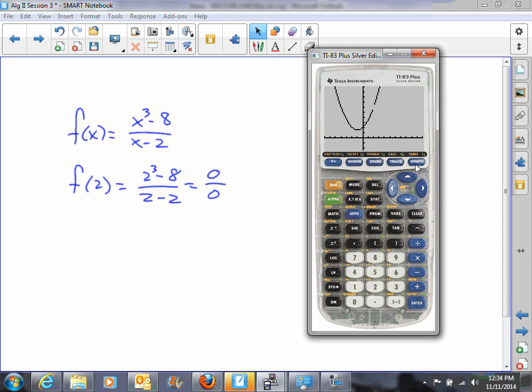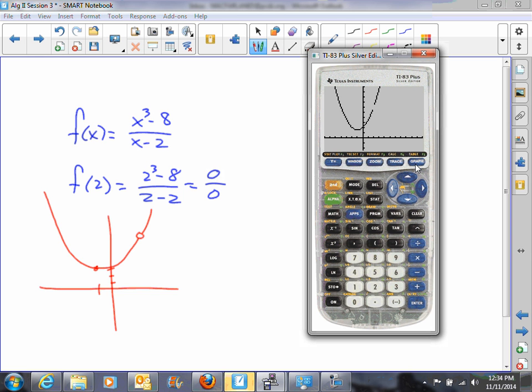Whenever you get a rational function where the denominator is 0 and the numerator is 0 at the same time, you get a point discontinuity. Now, the calculator here hasn't done a real good job of it. What you should have is something that looks like this, with a hole right there, and then it goes on around like that. Now, a lot of times we would like to know what the location of this hole is.